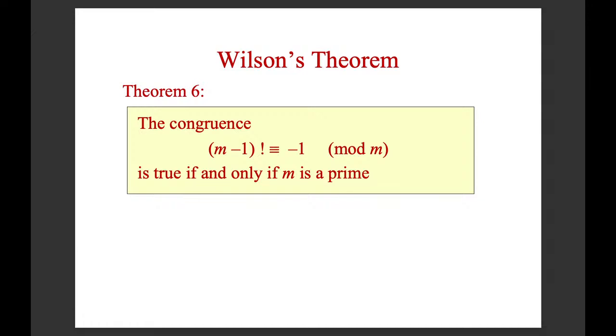But unfortunately, the time it takes to perform (m minus 1) factorial is linear in m, which is exponential in log m. And so using Wilson's theorem to check whether a number is a prime requires exponential time. So it is not an efficient method to check for primality, but then it is still an interesting property.